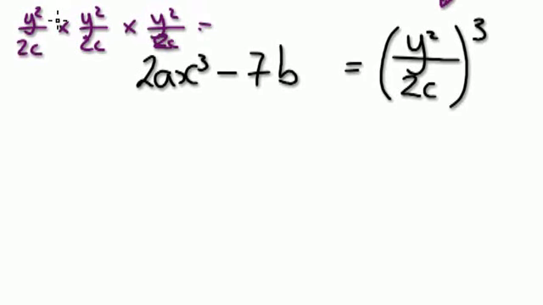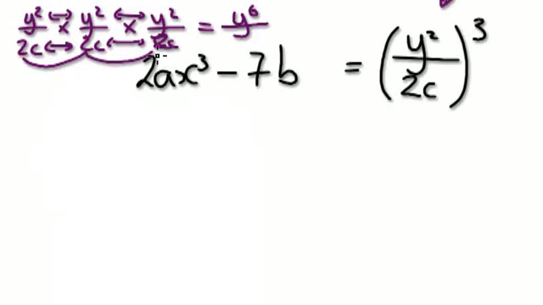Now top times top, so that would be y to the power of 6. And here it will be all 3 multiplying with each other. So 4, 8. And then you've got c times c times c, so that's c to the power 3. So that is what's in here.